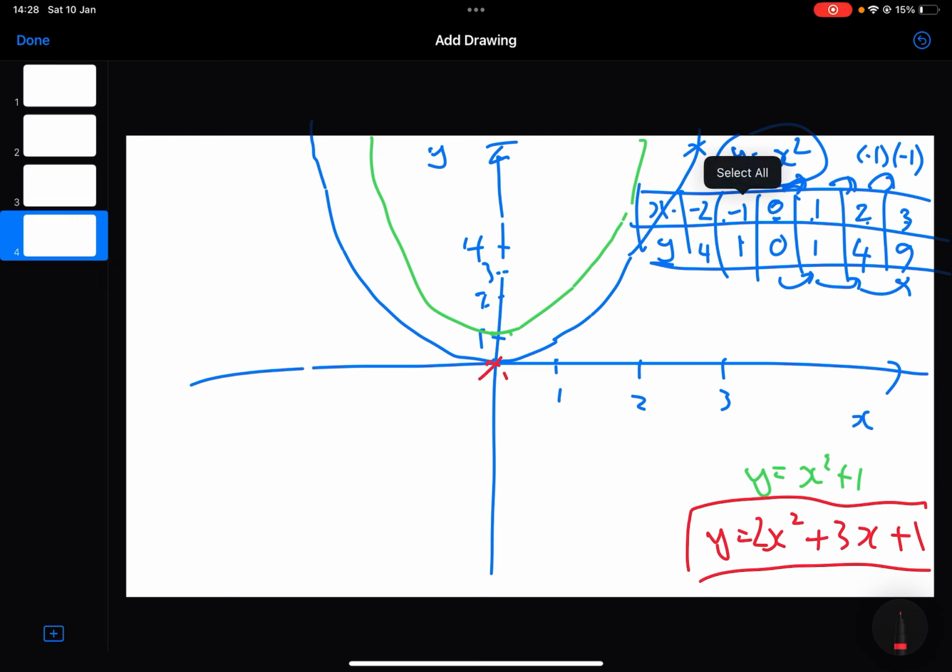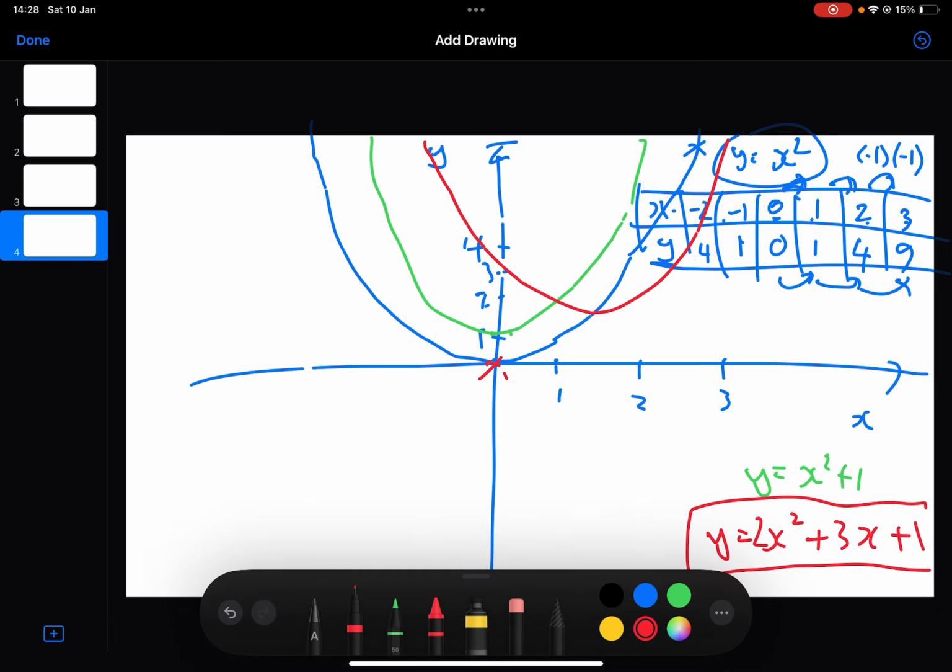It may be higher, it may curve differently. It will move the graph in a different way. If the number 2 can change, the number 3 can change, the number 1 here can change. It can be positive, negative, and it will affect where your graph goes.